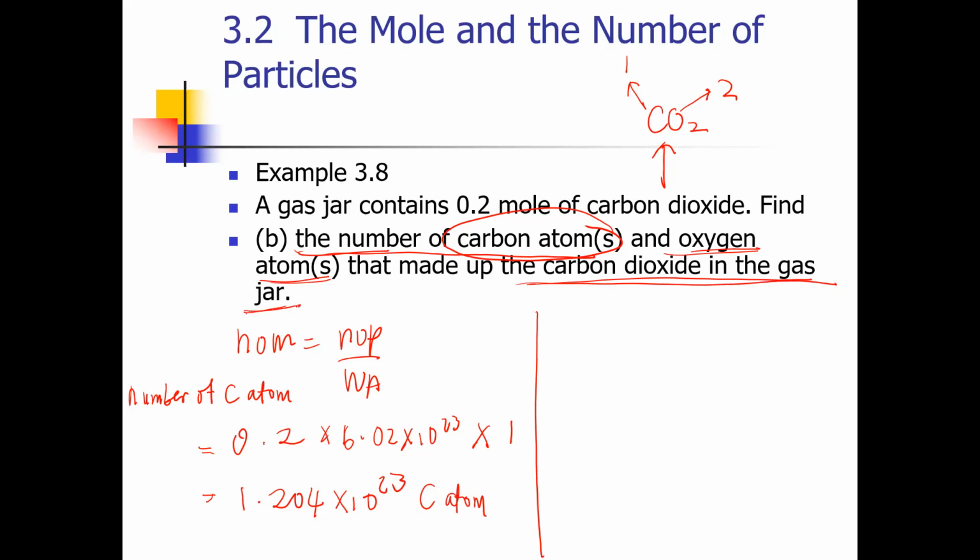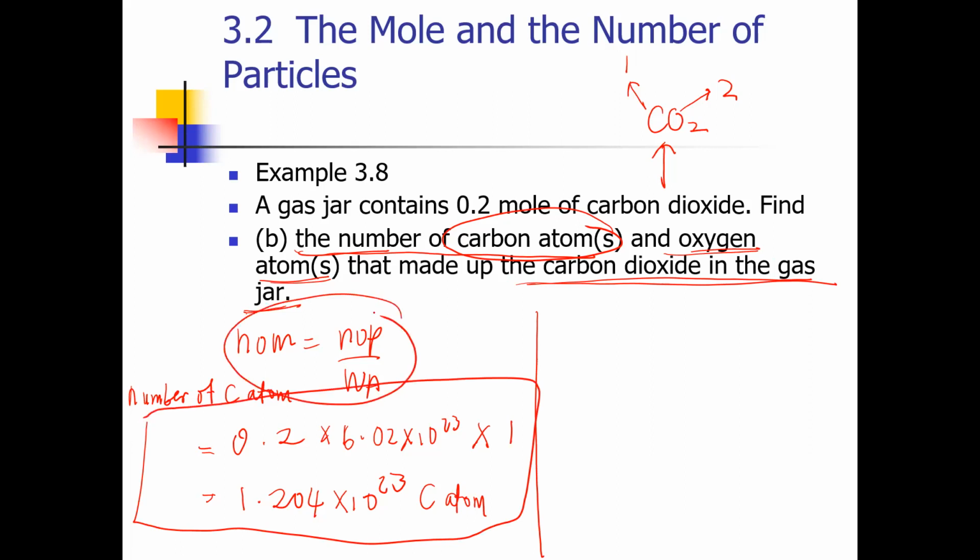So what do I need to do to this? Your 2 is correct. The 2 is not wrong. Yes, my oxygen here, teacher has 2. So therefore, what do I need to do here? Change it to 2 times 2. Multiply by 2, teacher. Correct.